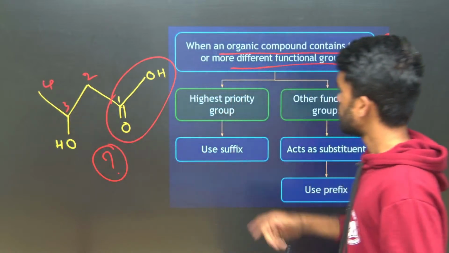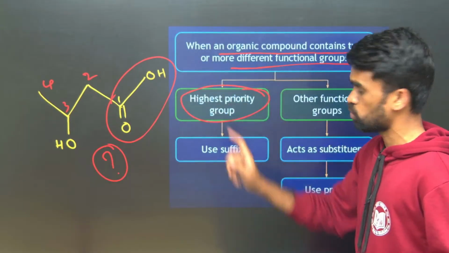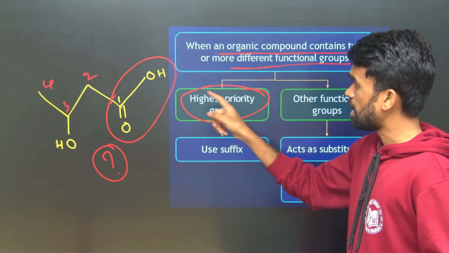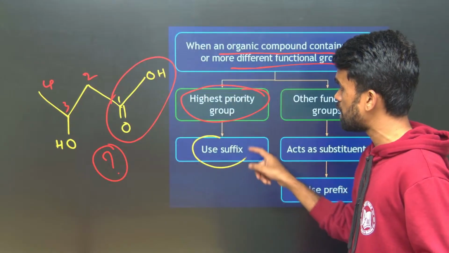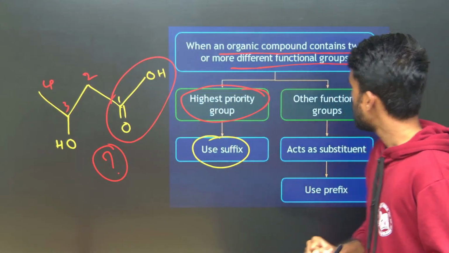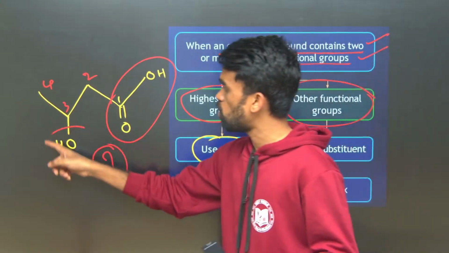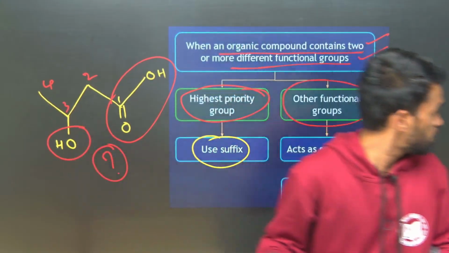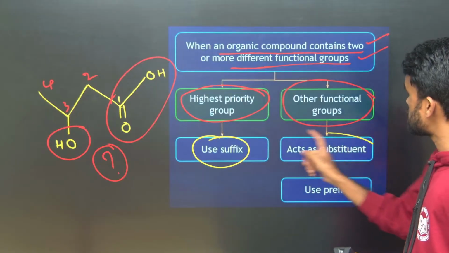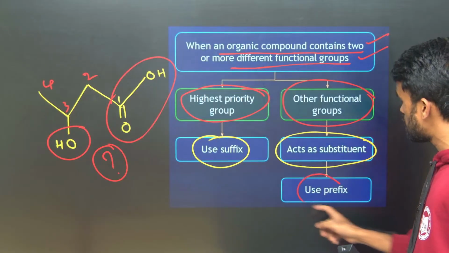First identify the highest priority group, and that group should be used as the suffix. The other functional groups, like the OH group here, should be written as substituents, as a prefix.